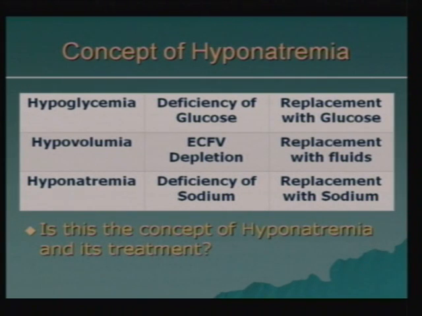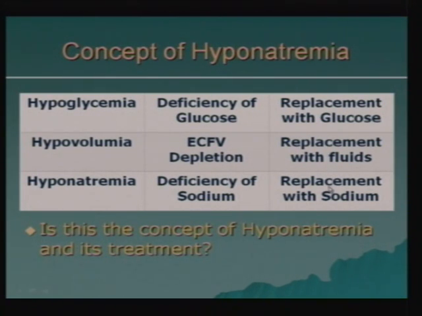So we go to the next slide. What is your concept of hyponatremia? Answer yourself. Hypoglycemia, a deficiency of glucose, is replaced with glucose. Simple. Hypovolemia, the depletion of extracellular fluid volume, is replaced with fluids. Hyponatremia, a deficiency of sodium, replace it with sodium. Very simple answer.